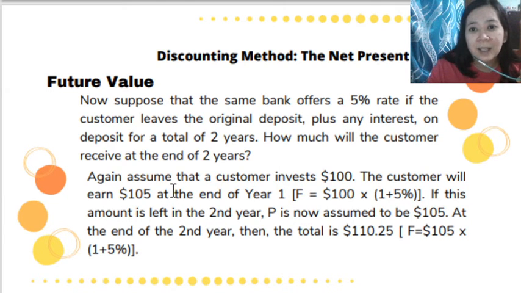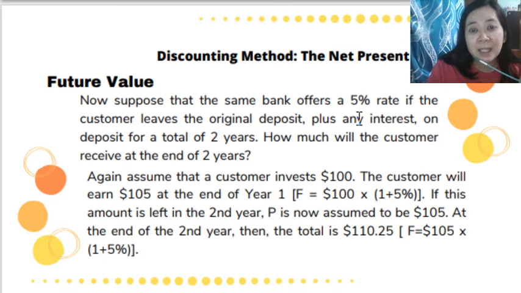So here, assume again that the customer still invests $100,000. At the end of year one, the 5% will apply if the customer accepts this type of offer. The 4% interest is only for a 1 year period of investment.